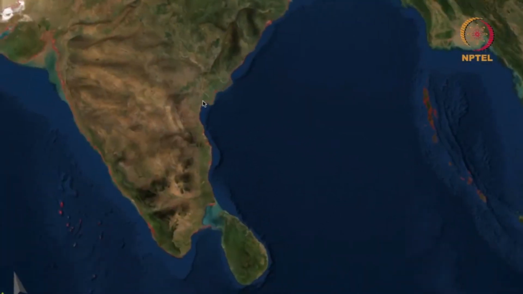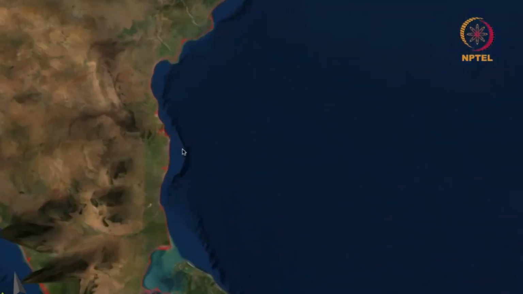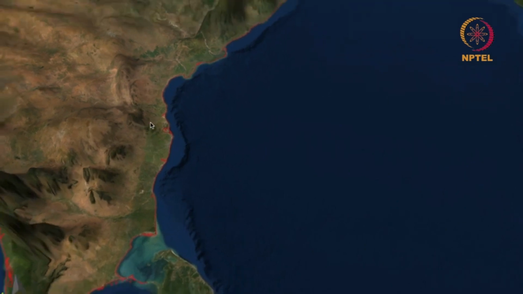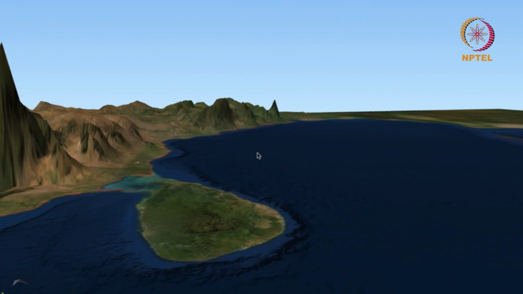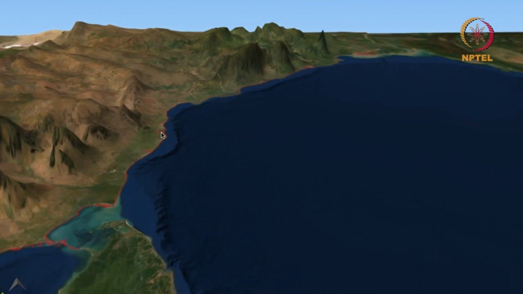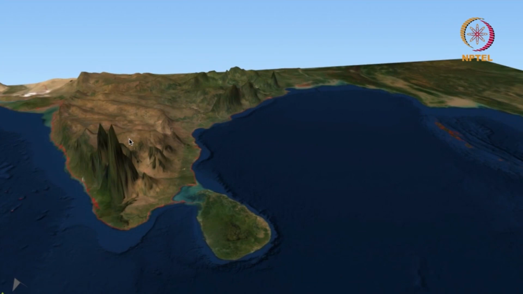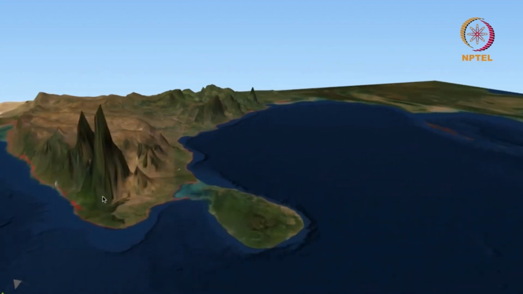Now we have different mountain ranges, and these highlands are surrounded by flat portions which are the coastal plains. So here we have the Bay of Bengal, and in this portion we have the Eastern Ghats followed by the eastern coastal plains, and in this portion we have the Western Ghats followed by the western coastal plains.